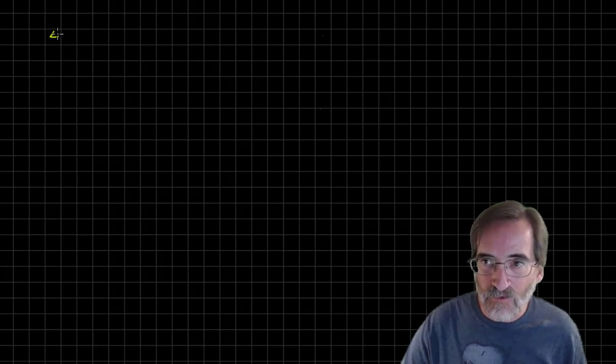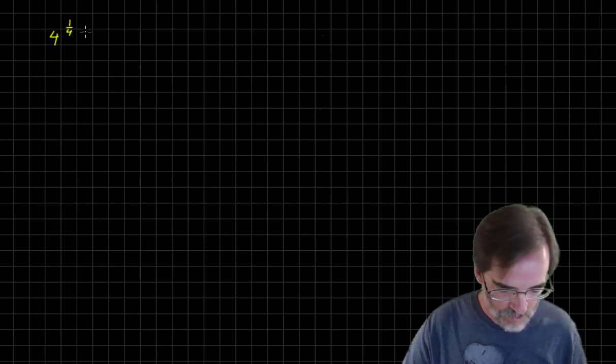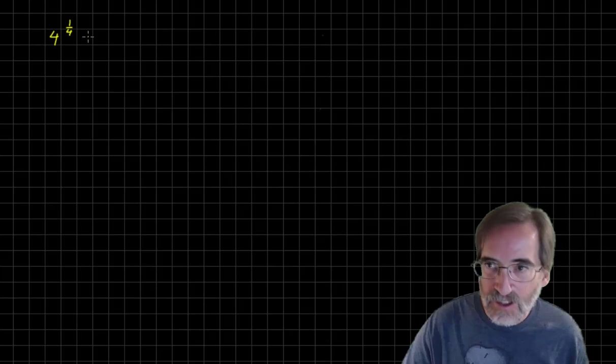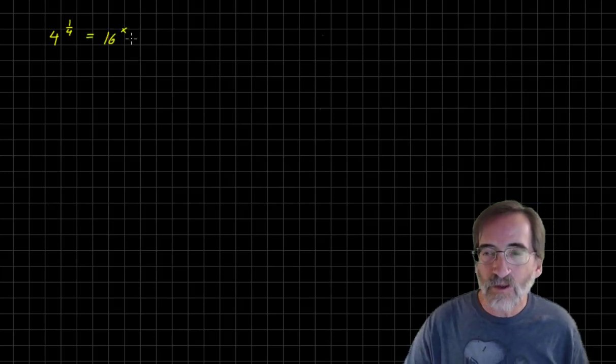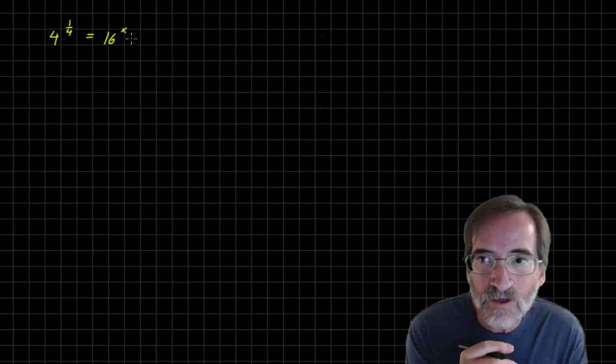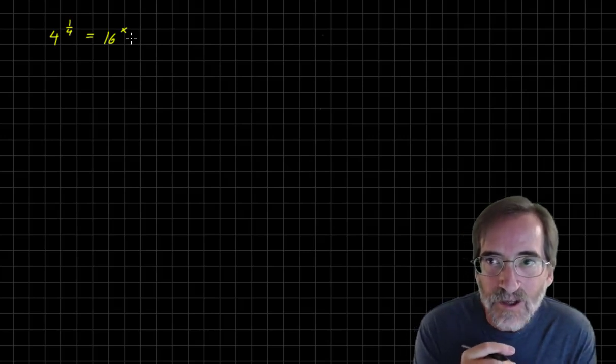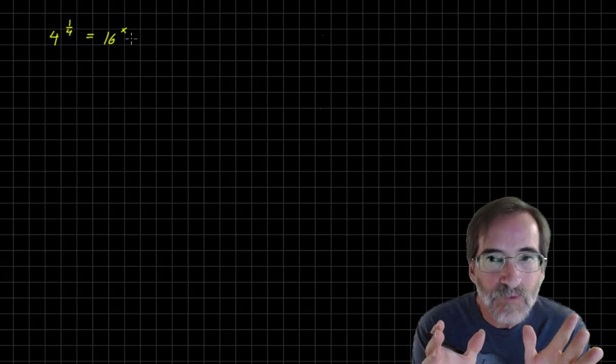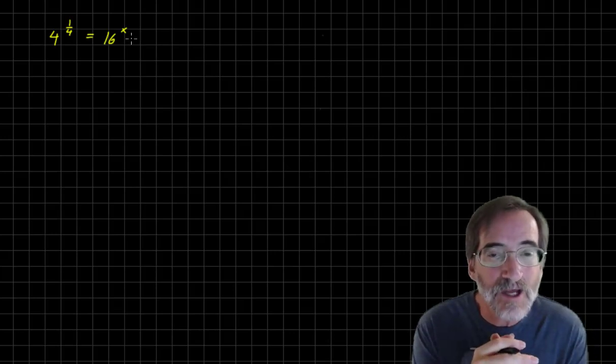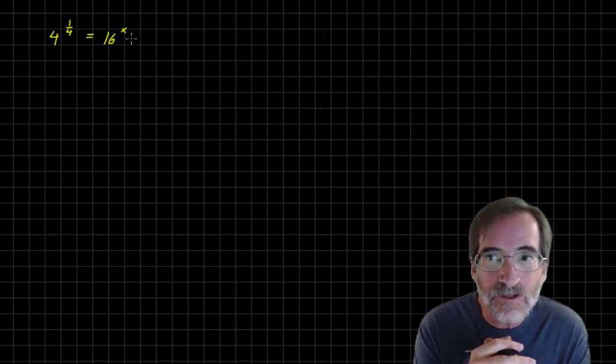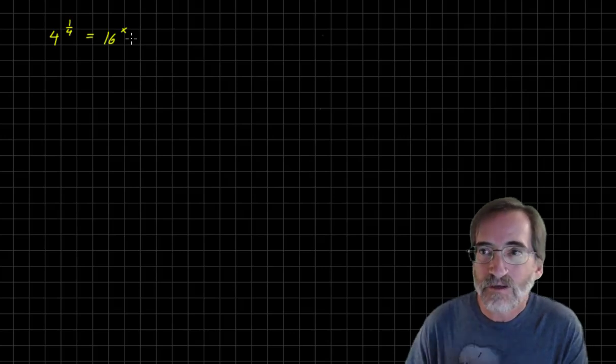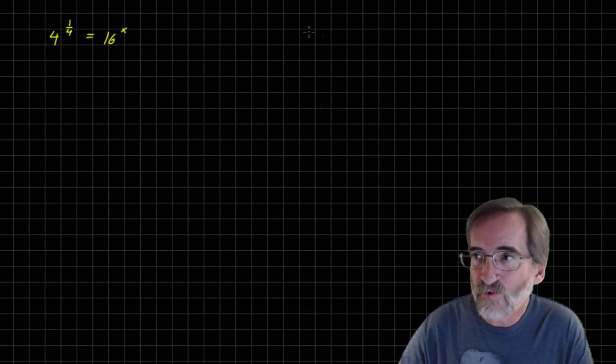Let's take this example. 4 to the 1/4 equals 16 to the x. Now the reason I want to solve this by getting a common base is I happen to notice that there is a common factor. 16 is 4 times 4.